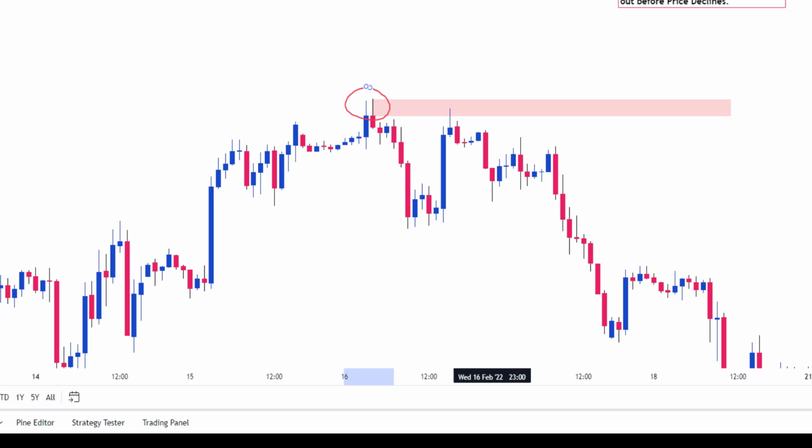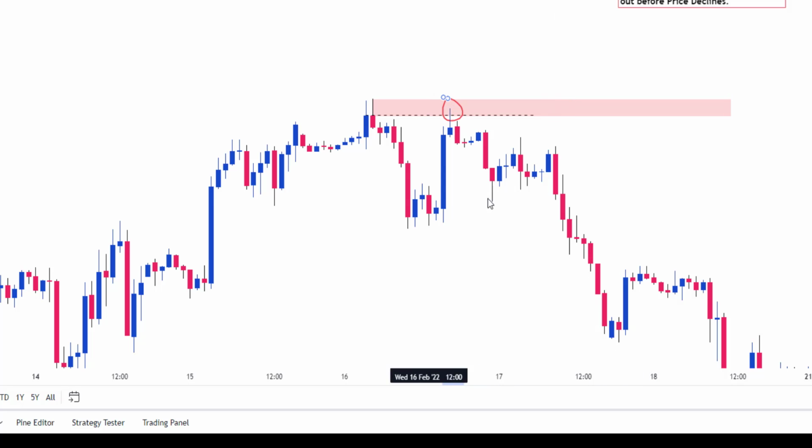And then what you need in order to completely define this as a rejection block is when you see price coming back and trading above the bodies of the candle. That is exactly how ICT defined it. Bodies of the candle. Can you see? The bodies of the candle. Now price is trading above it right here, and then quickly gets rejected and it starts coming down.